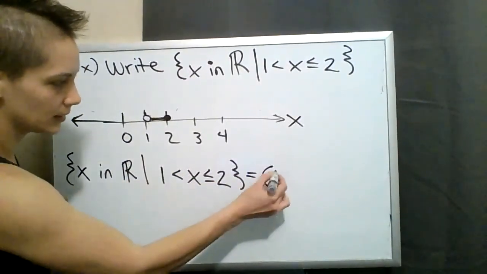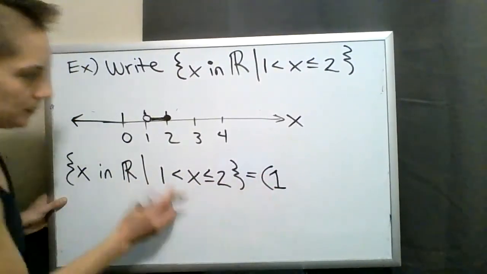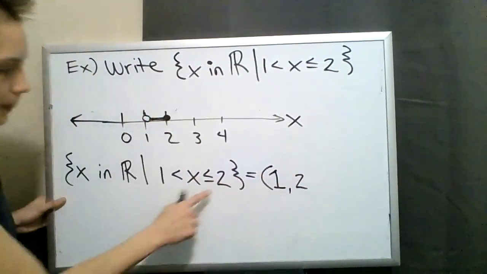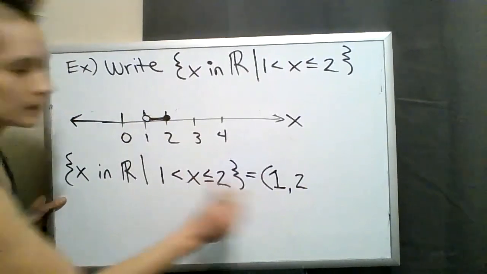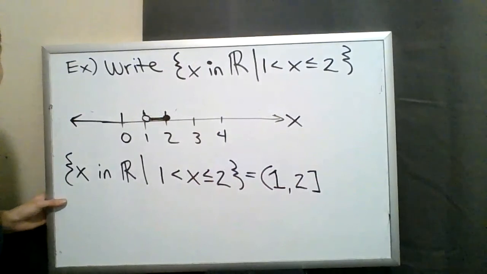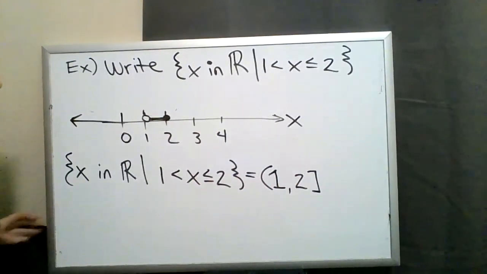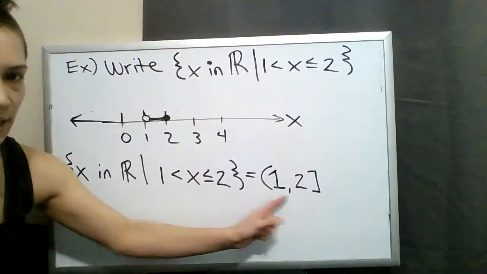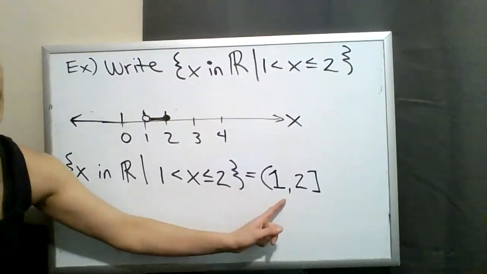So it goes over to 2, and you can include 2, square bracket. Okay, so this right here is that set, but written in interval notation.